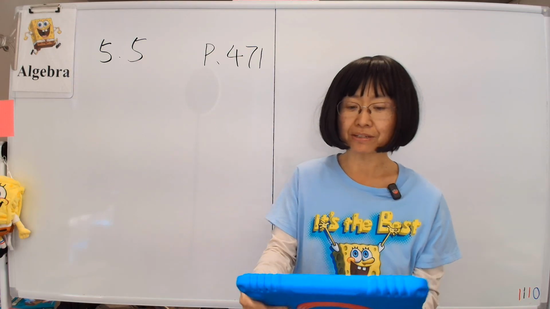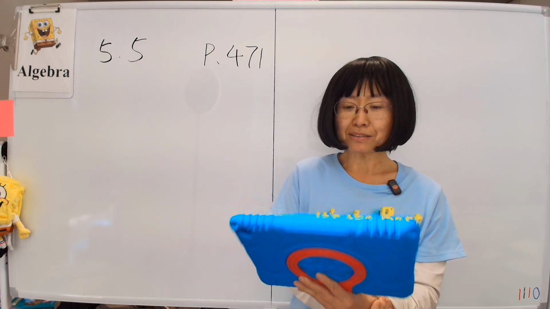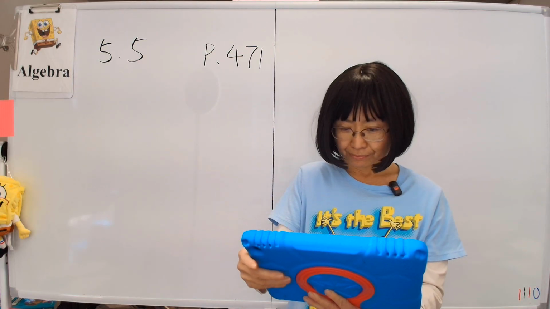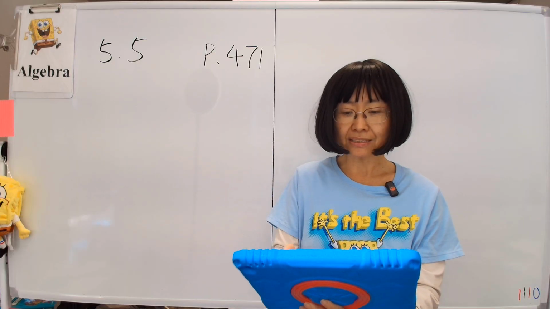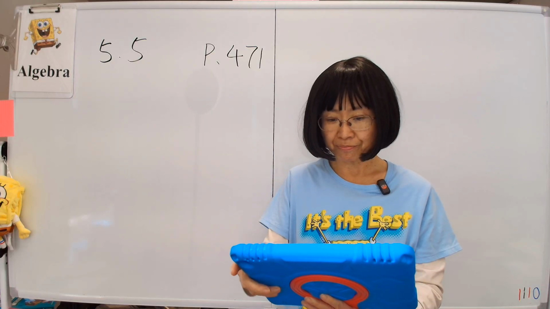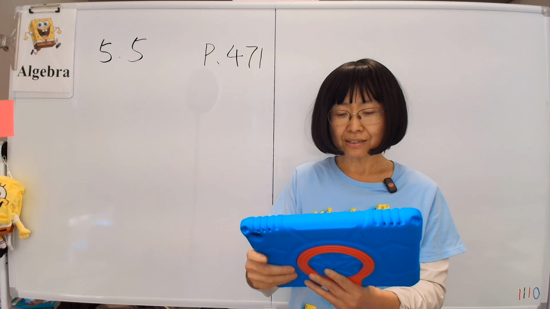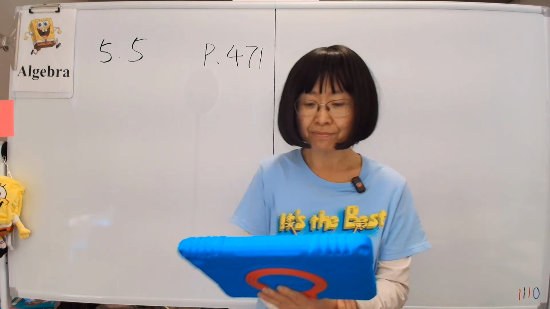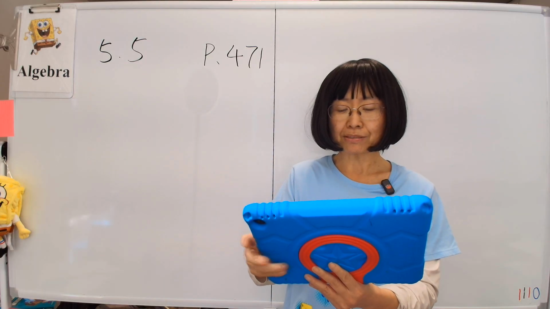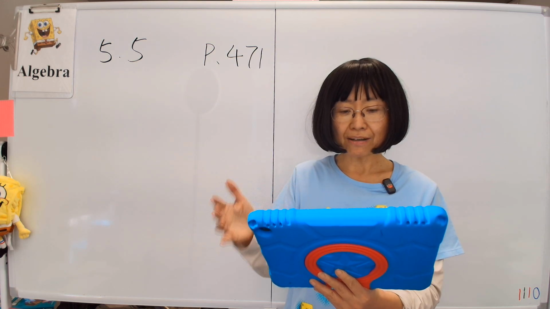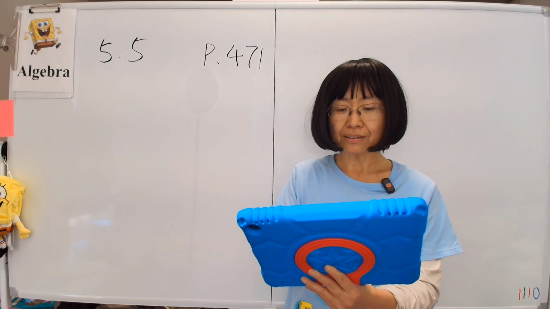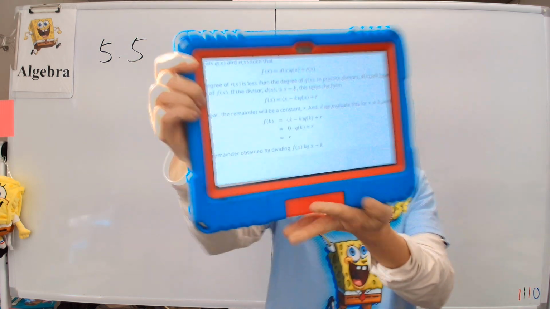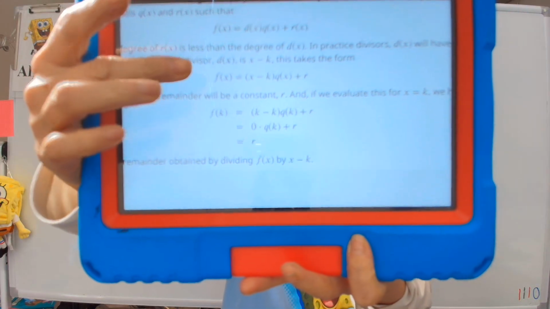First, let's look at the middle of the page where we're talking about the remainder theorem. What that means is, let's say you have a polynomial, and then we divide it by long division. We divide it, and then it becomes a quotient, and then you will have some kind of a remainder. Now, if you do that, then your polynomial will look something like this.